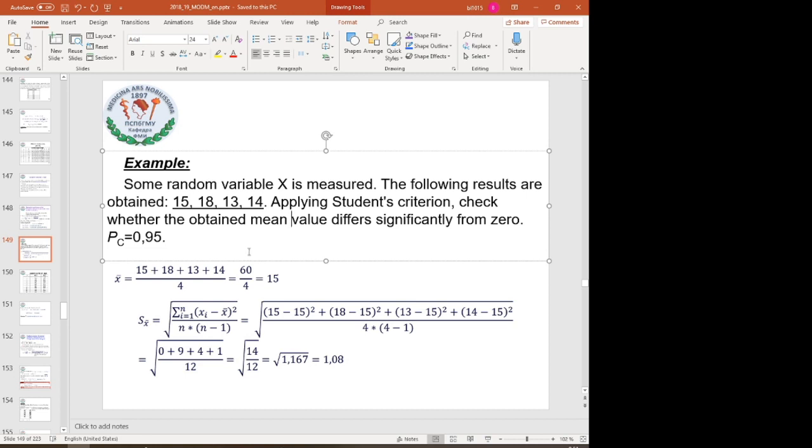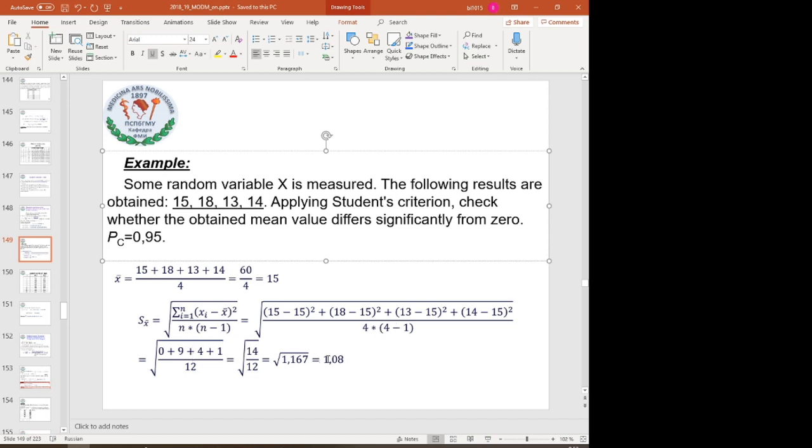Let's check. The mean value is 15, and then calculating the standard error, we should subtract 15 from all of the numbers 15, 18, 13, and 14, square it, and divide by the number of numbers times the number of numbers minus 1, so 4 times 3.